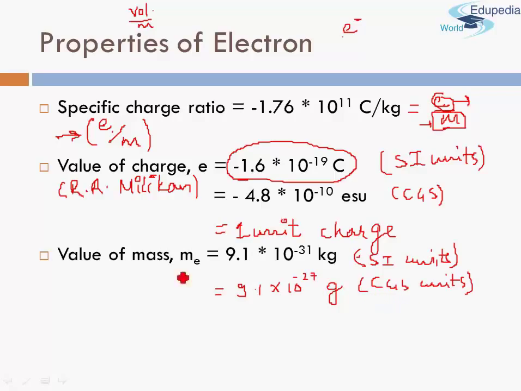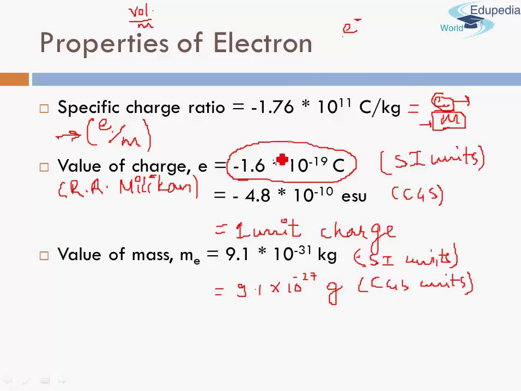Now you can answer that the value of mass is this, the value of charge is this, and the specific charge ratio, even if you don't remember, you can simply calculate it using the ratio of e and m. If you remember these two values, you can easily calculate the value of e by m, and you don't have to remember it. But these two values you have to remember.